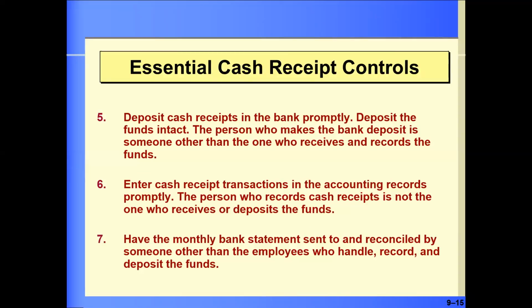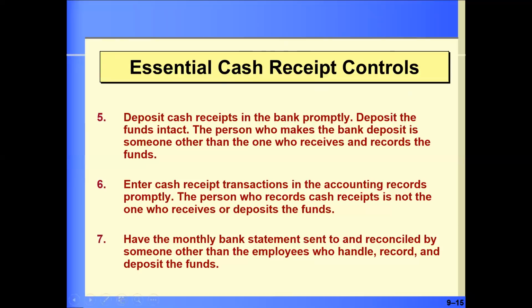Don't let them hang out day after day. Deposit the funds intact. The person who makes the bank deposit is someone other than the one who receives and other than the person who records the funds. So the person going to the bank is someone totally different, and they bring back a receipt from the bank that says they received so much cash.